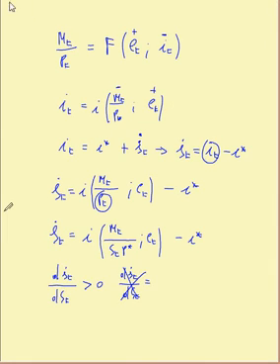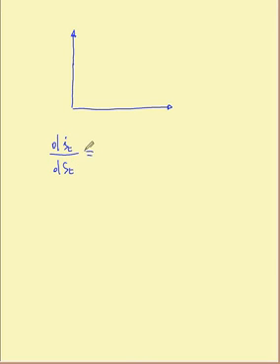The so-called phase diagram. If this derivative is positive, the phase diagram of the exchange rate is this. I write: the derivative of S dot T with respect to the exchange rate is positive.